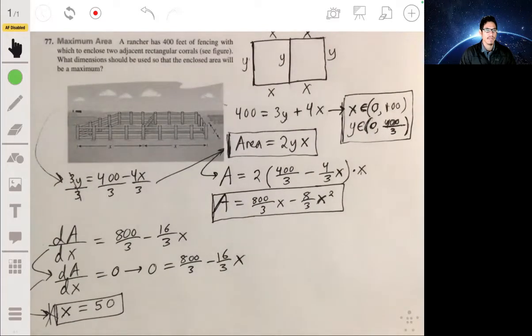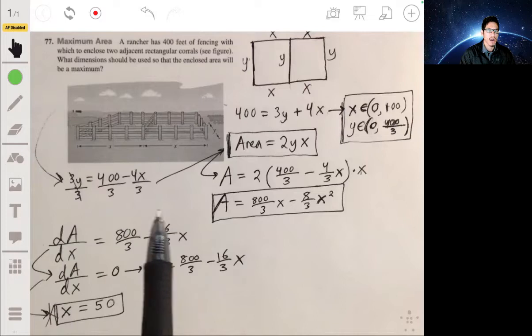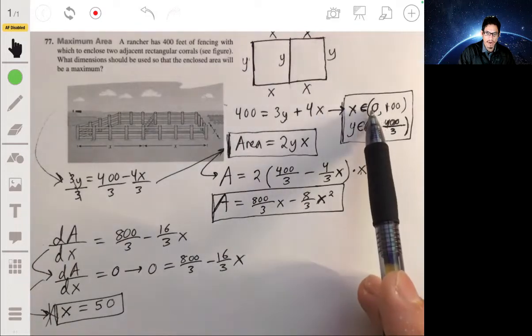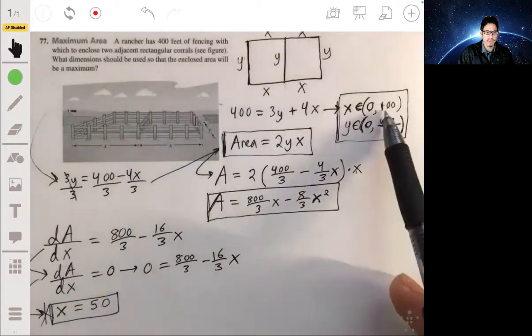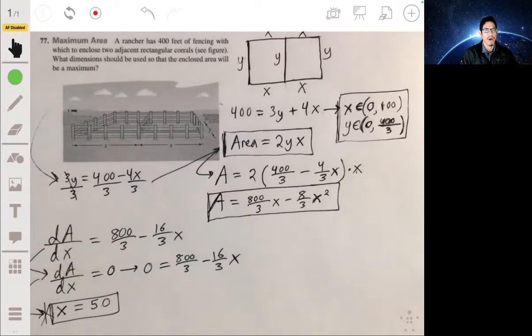What's my point here? One way you can do this is just using what we learned at the very beginning of the chapter. We can compare the value of the area when x is 0, when x is 50, and when x is 100, because that's where all your potential maximum and minimum values could occur.